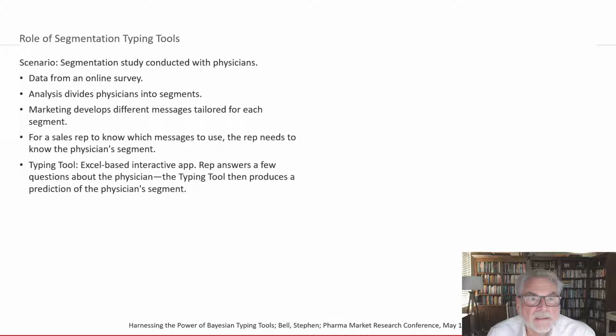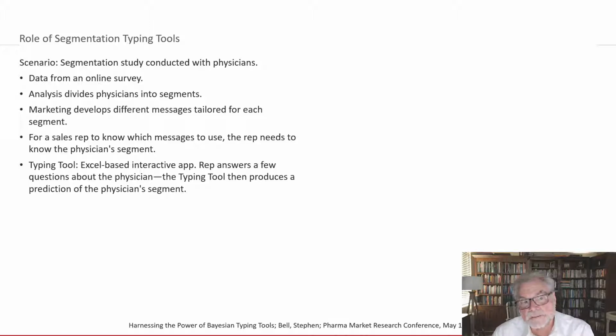In the data analysis, the physicians are divided into segments. And then the marketing team goes on to develop different messages tailored for each of the segments. And then comes field implementation by the sales reps. Now, for a sales rep to know which messages to use, that rep needs to know the physician segment.